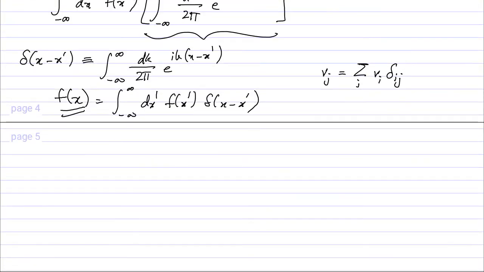You have the integral, which is a sum, but it's a continuous sum. You have the function at all values along the real number line, but then this Dirac delta function only picks up the value of the function not at any value of x prime, but only at the particular value where x prime is equal to x, and so it throws out the value of the function at the point x.